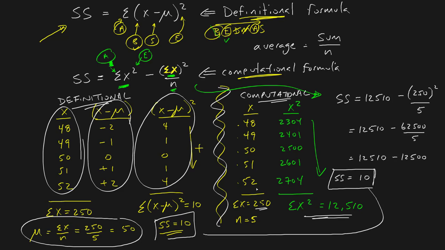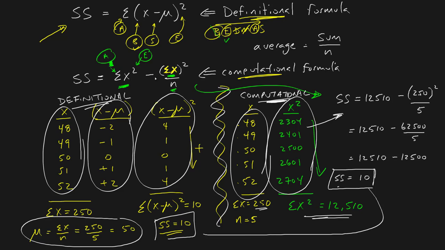With computational, we had our raw data, which we added up, but we didn't have to find the mean, and we didn't find deviations. We just had one other column, and then we jumped right into substituting things into our sum of squares formula. So it was a little bit less work. We only had 5 data points though. If we had 100 or 1,000 data points, it would have been a lot less work to use the computational formula.